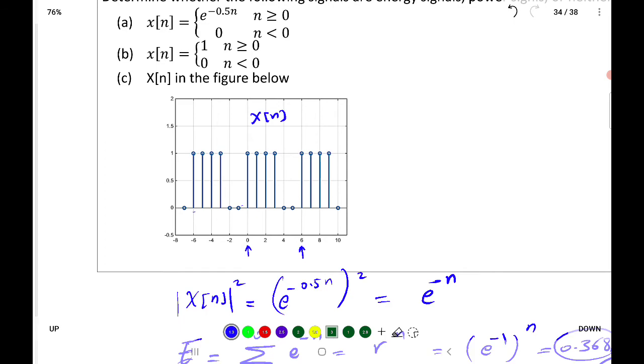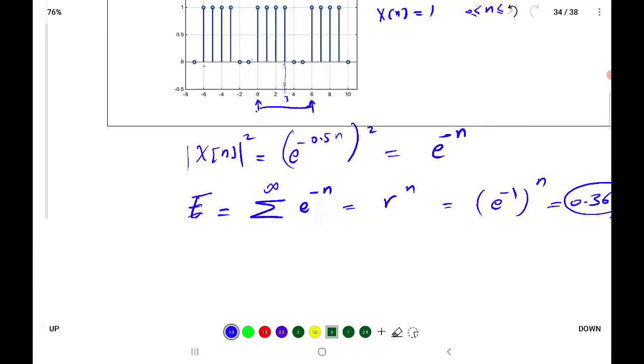So the period from 0 to 6 means that the period N naught is equal to 6, and the value of x[n] is equal to 1 when n is between 0 and 3, and then 0 in the rest of the period.